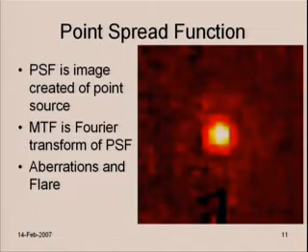And then the diffuse and uneven glow all around it is due to internal reflections inside the lens itself. The point spread function is the Fourier transform of what's actually called the OTF, the optical transfer function. MTF is the amplitude of the OTF. There's also the phase.